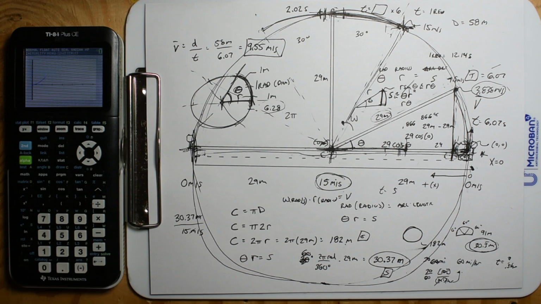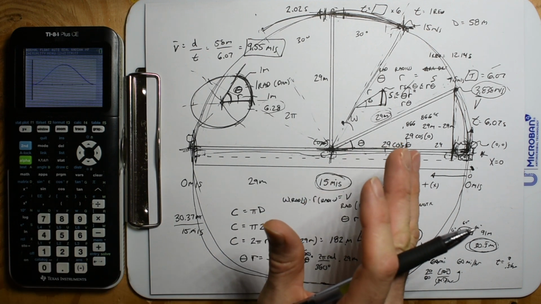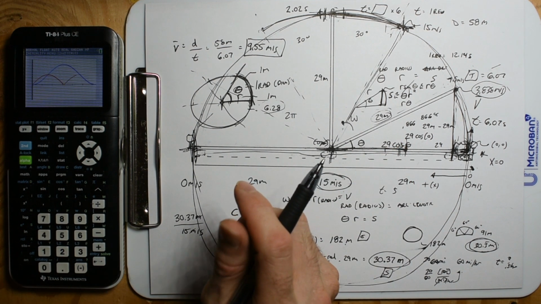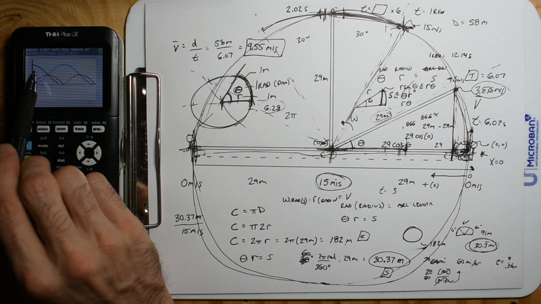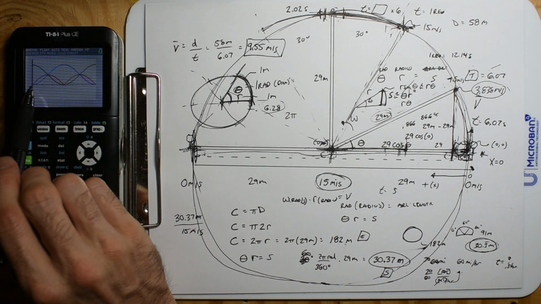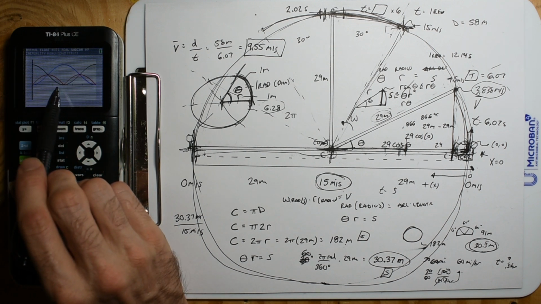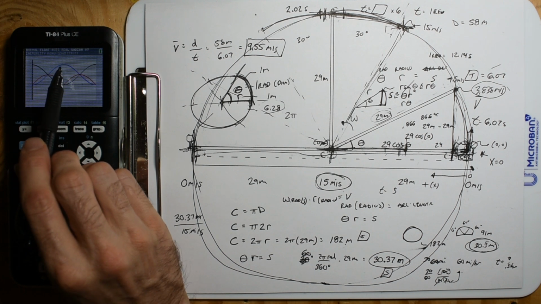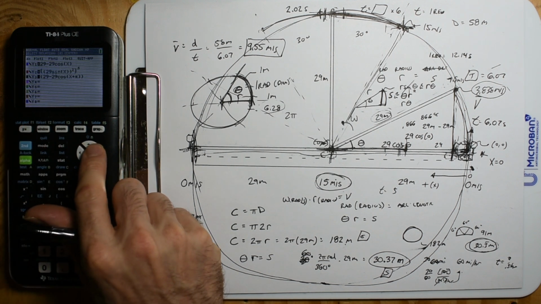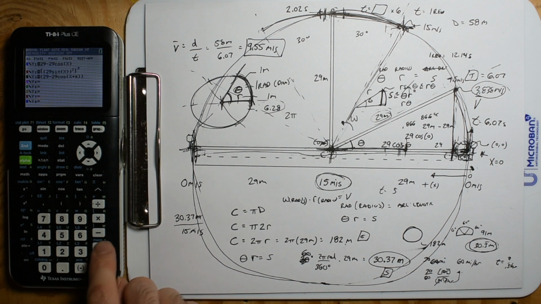So that's going to be that. Now that's just going to be a part of it. And so now this is shifted a full 180 degrees. But now we need to get that point up there. And so we're going to add that 58 meters.